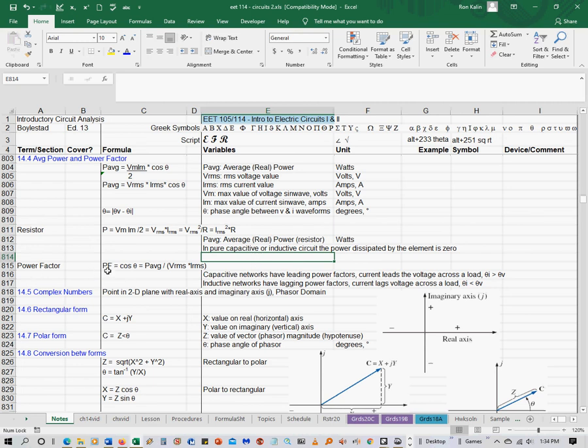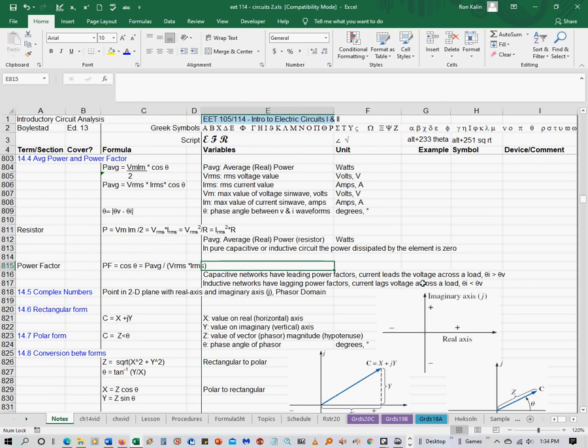The power factor, symbolized by PF, is equal to the cosine of theta, where theta is defined by this formula, and it's also equal to the average power divided by V RMS times I RMS. Capacitive networks have leading power factors.